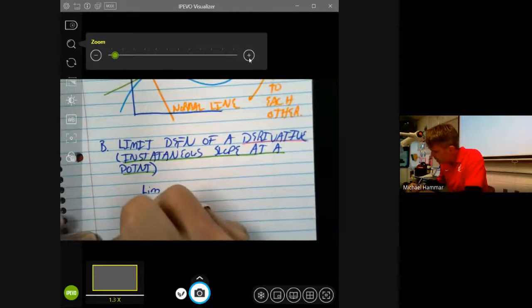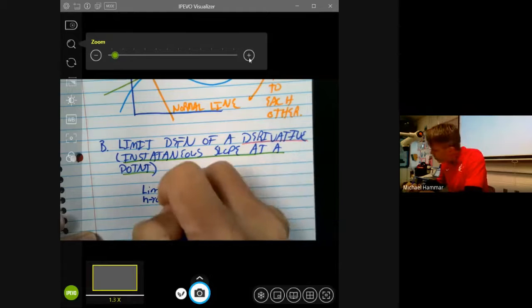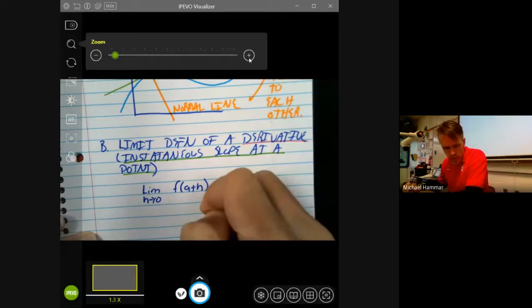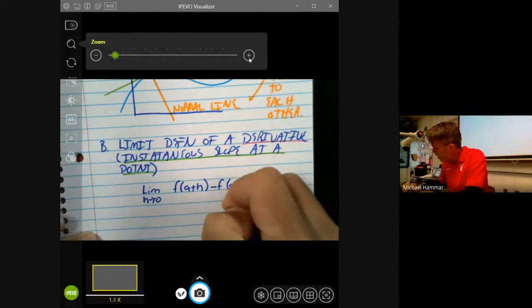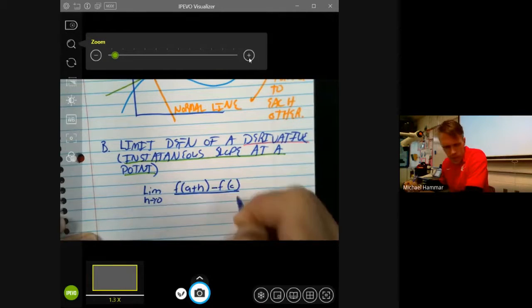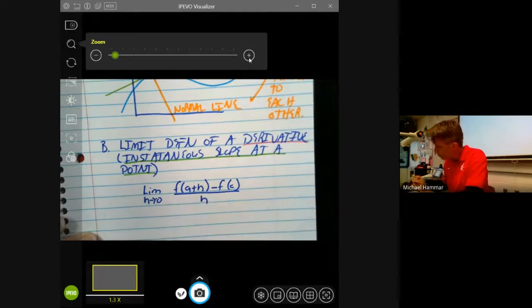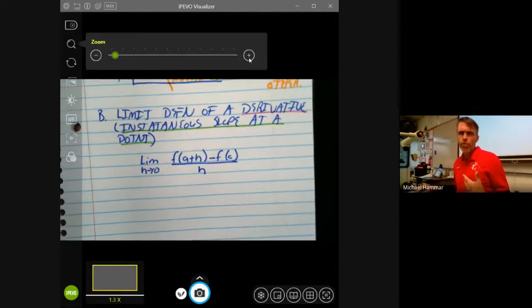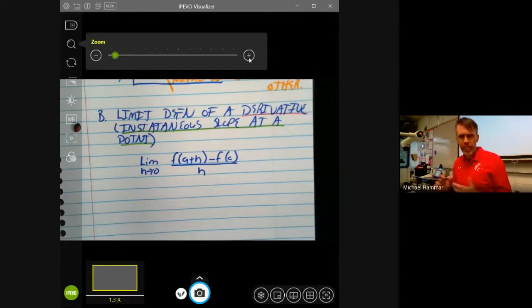It is the limit as h approaches 0 of f of a plus h minus f of a all over h. Okay? So let's just review how to figure out that slope of that line at a certain point.